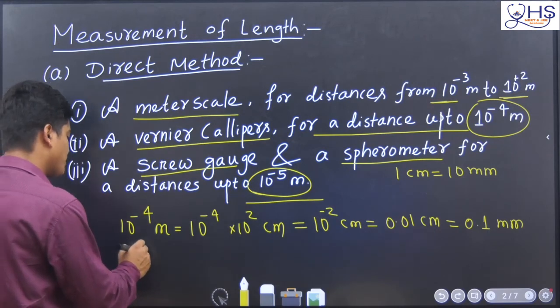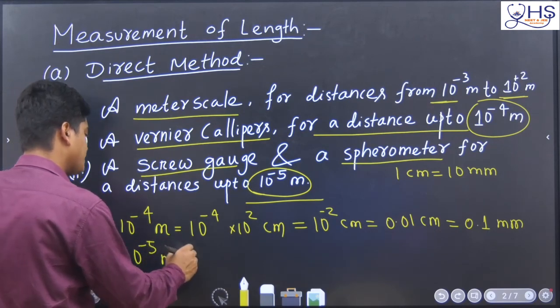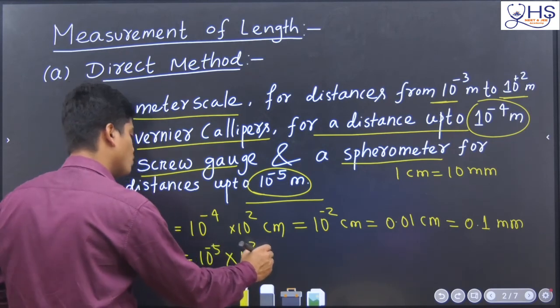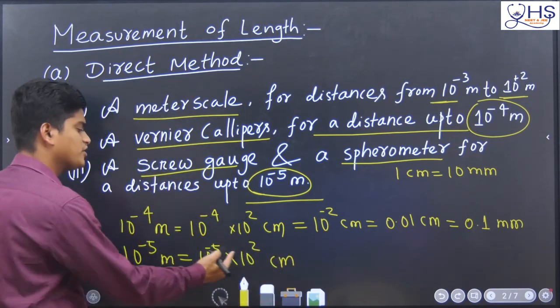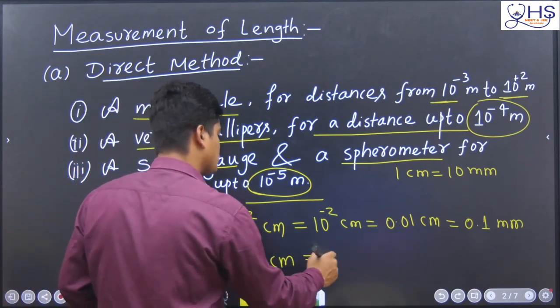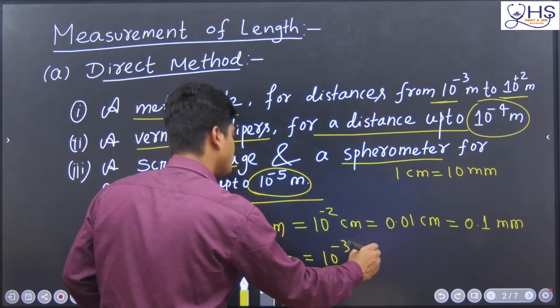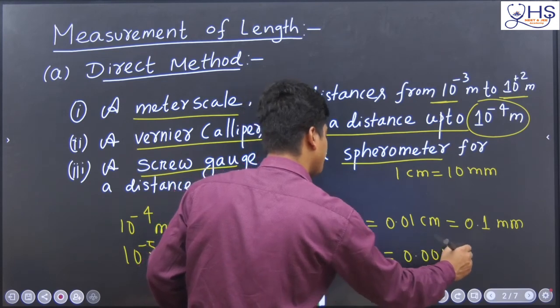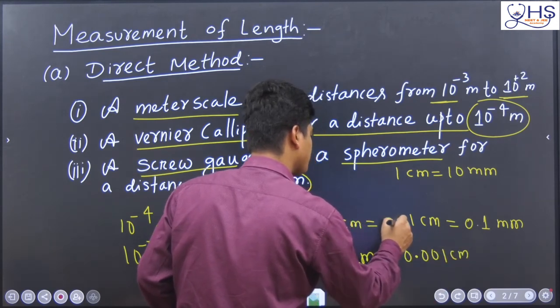Similarly, what is 10 to the power minus 5 meter? That is 10 to the power minus 5 into 10 to the power 2 centimeter, because 1 meter is 10 to the power 2 centimeter. So it becomes 10 to the power minus 3 centimeter, which can be written as 0.001 centimeter. Remember, the decimal point is there.